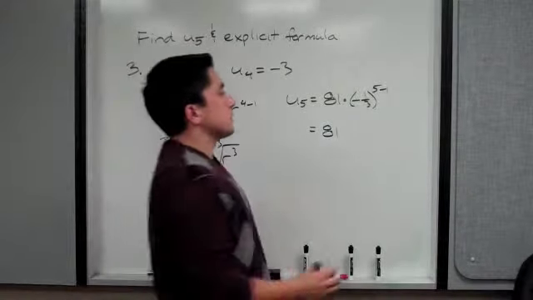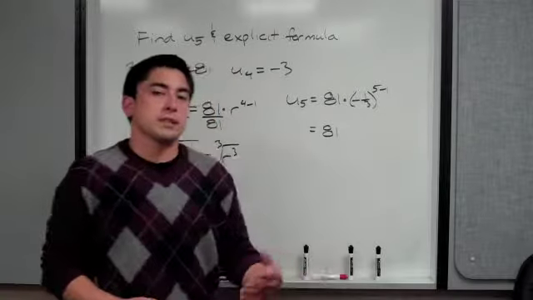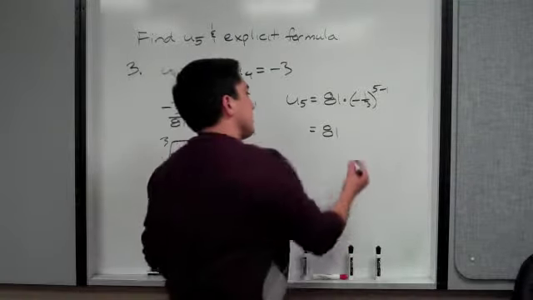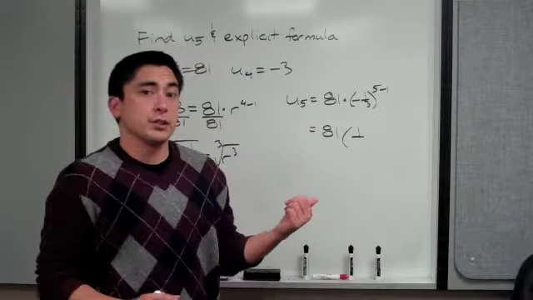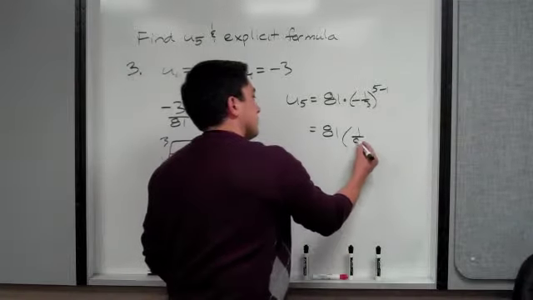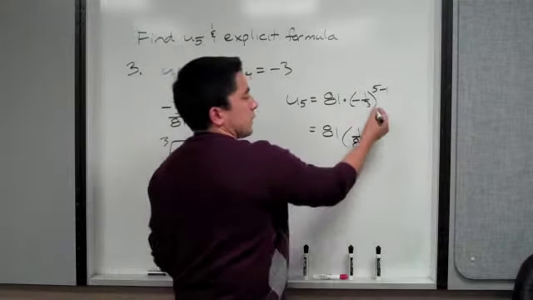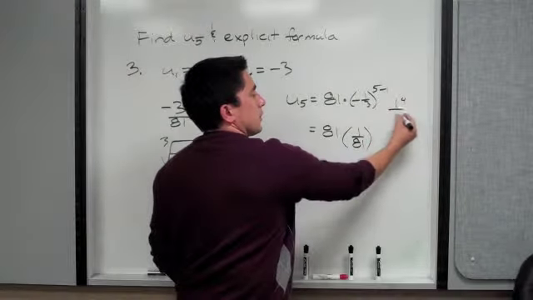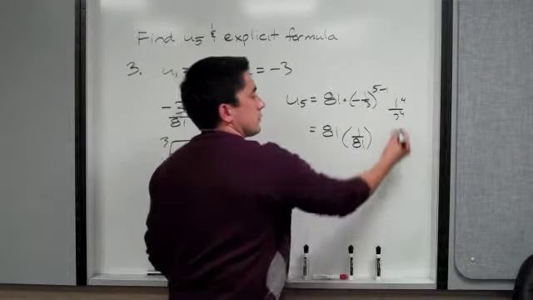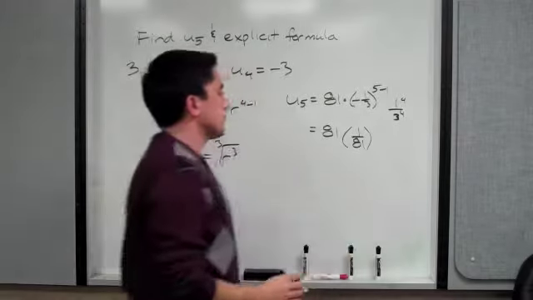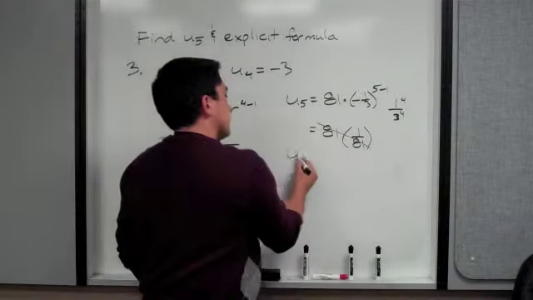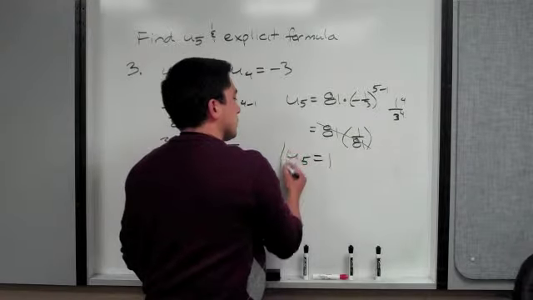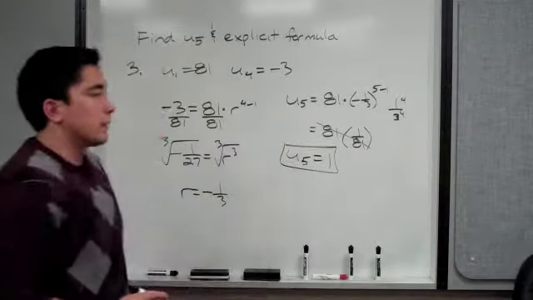Negative 1/3 to the 4th, so we know it's going to be positive because it's an even exponent, gives us 1 over, and then 3 to the 4th, which is 81. Again, what I did was, I did 1 to the 4th over 3 to the 4th. Okay? Gives us 1 over 81, which in this case, these reduce, so u sub 5 is equal to 1.